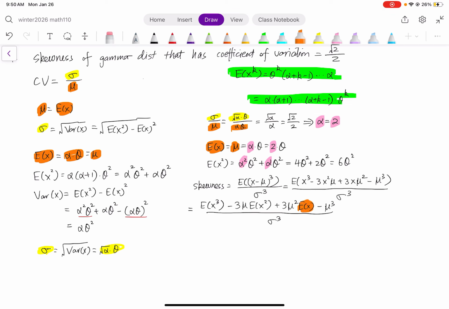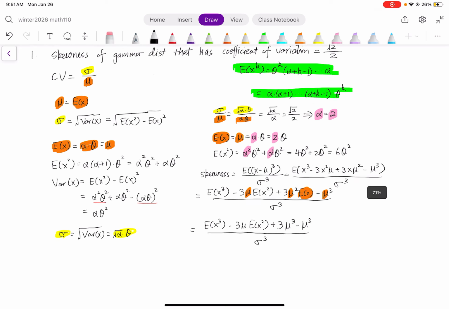And it happens that this is really just mu. They're the same thing, the number is the same, expected value of x. So this is mu, that is mu, these are all mu. Therefore, you can simplify: expected value of x to the third minus 3 mu expected value of x squared plus 3 mu squared times mu, which is 3 mu to the third, minus mu to the third, over standard deviation to the power of 3.